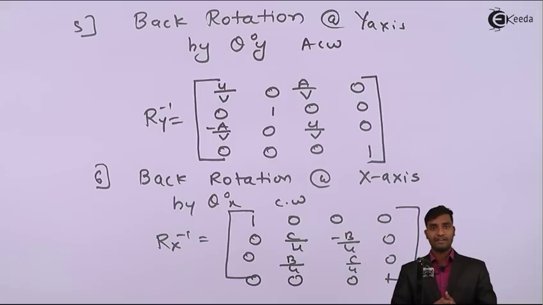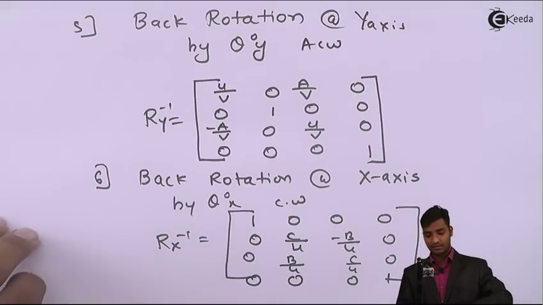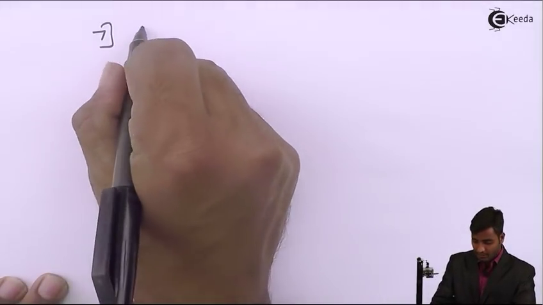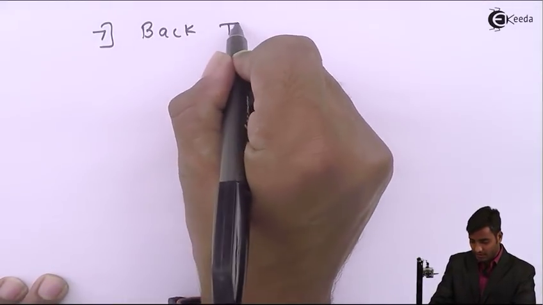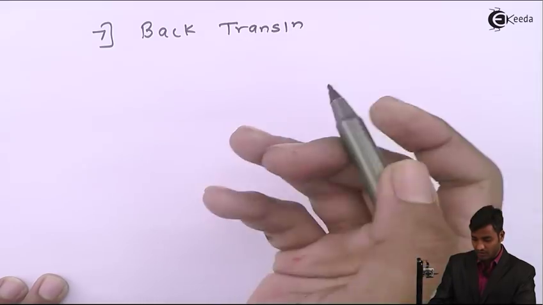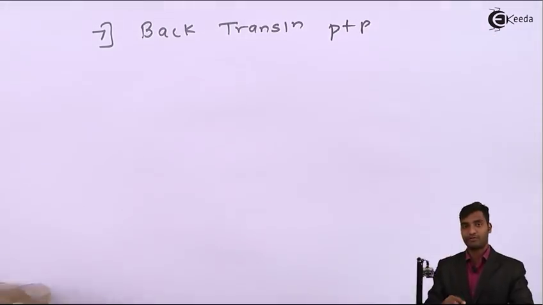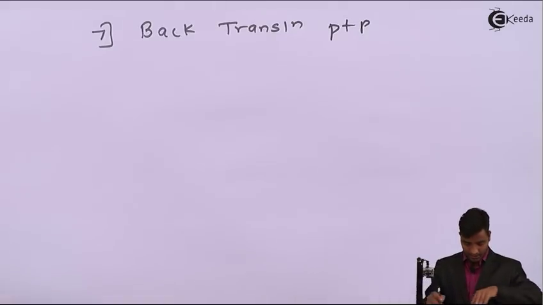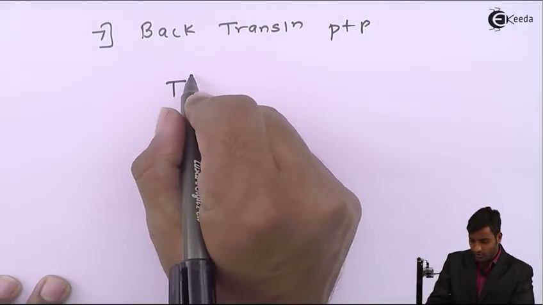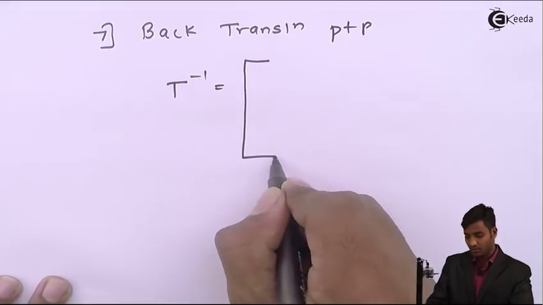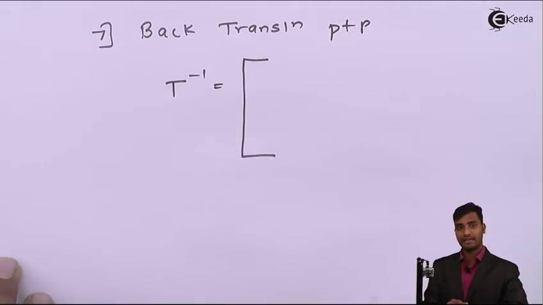Then we have to do back translations. Seventh is back translation of point P. So just take the inverse of what we did earlier.